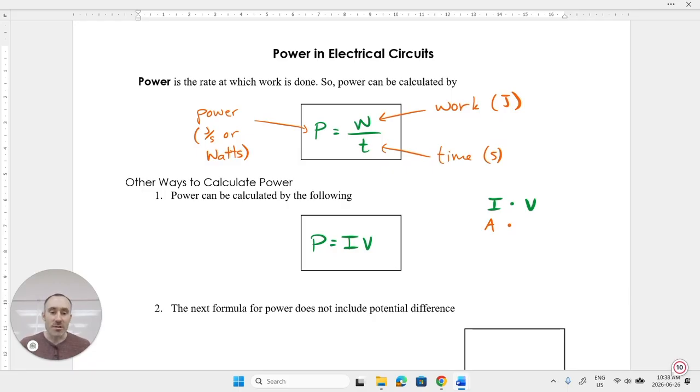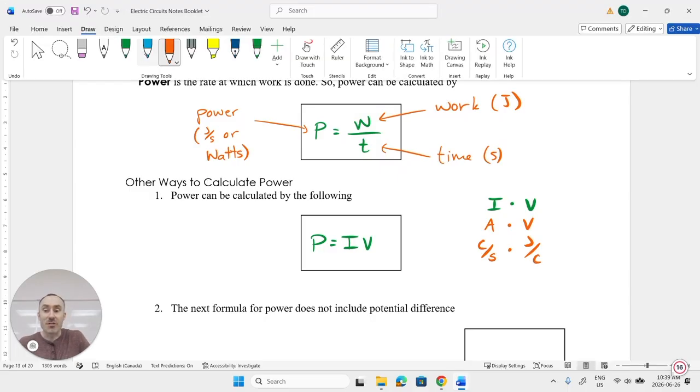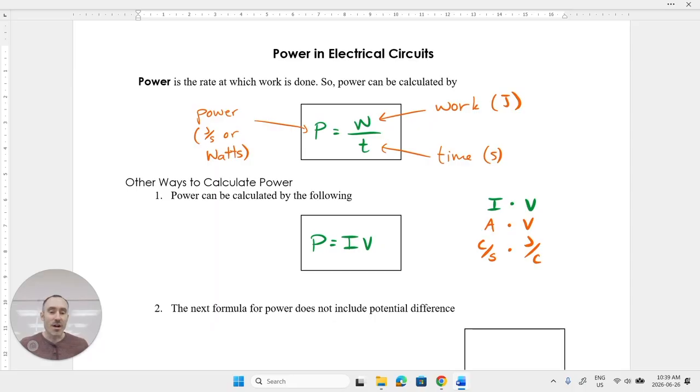Oh yes, volts. Amps and volts, though, can be broken down further to make this make a little bit more sense. So amps is coulombs per second. Volts is joules per coulomb. And now maybe you can already see what's going to happen here. We've got coulombs on the top of the left-hand unit, and we've got coulombs on the bottom of the right-hand unit.